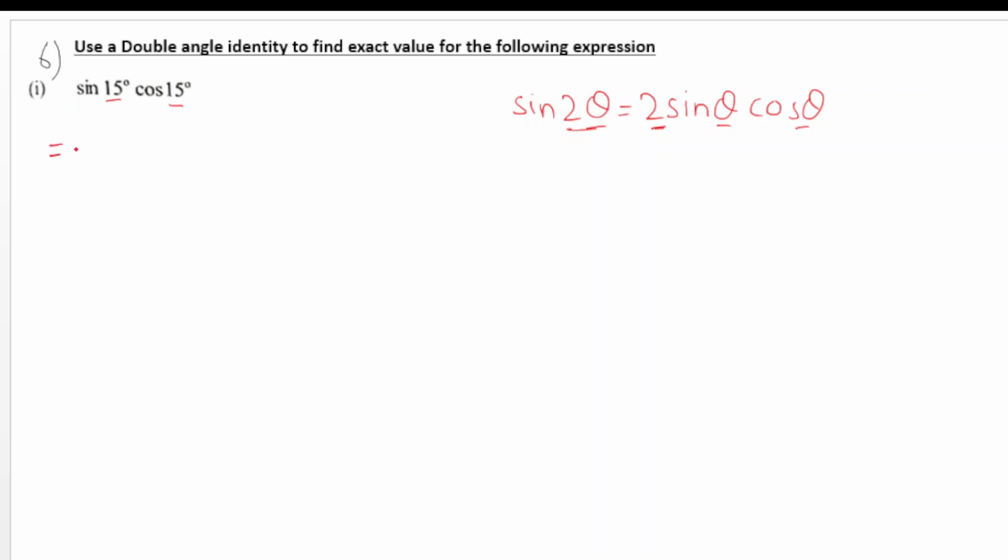So first of all, you can write divide and multiply by 2, because there is no equation. Let me write 1 by 2 outside, and 2 inside the bracket, sine 15 degree cos 15 degree.